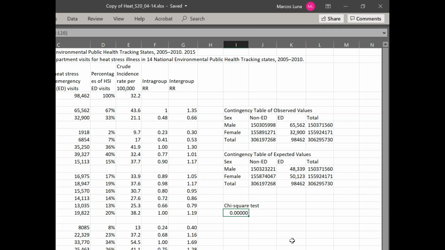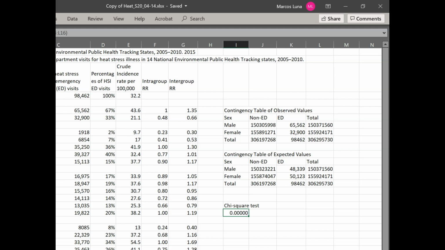So that's what we're testing against. So the question is, is it safe to reject the null hypothesis that there is no significant difference between the groups? Because that's essentially what we're looking at. We're trying to decide whether or not there's a statistically significant difference in terms of the numbers between males and females. Is it more than we would expect, right?